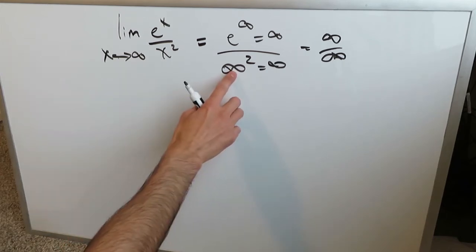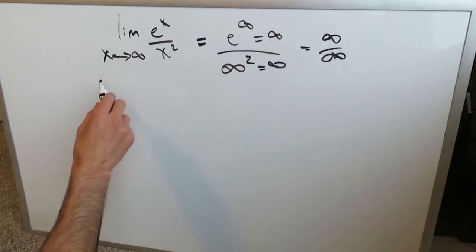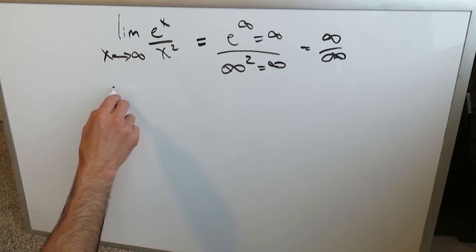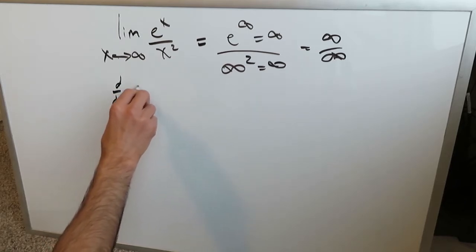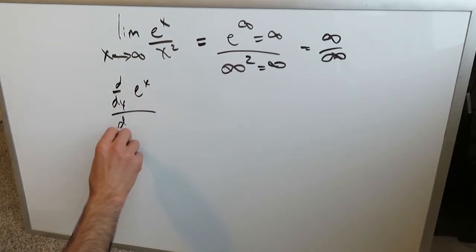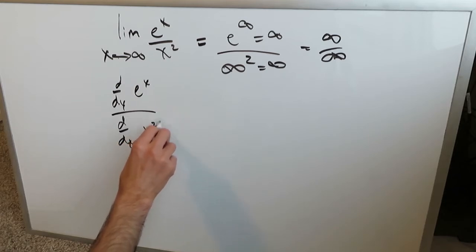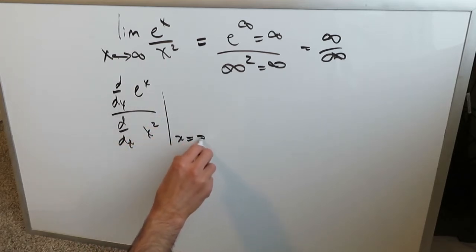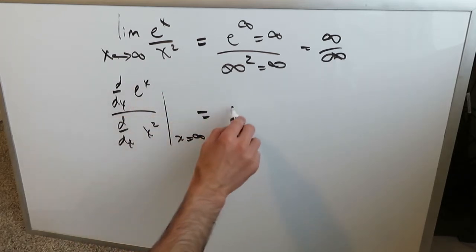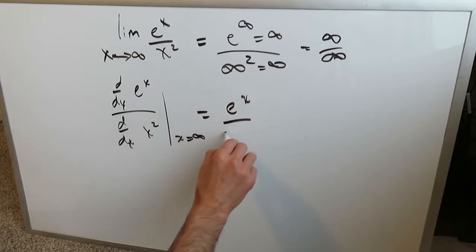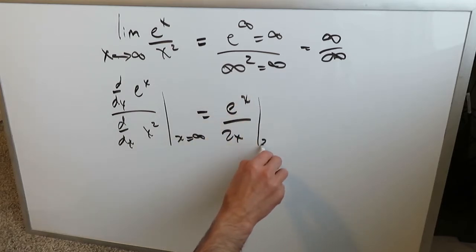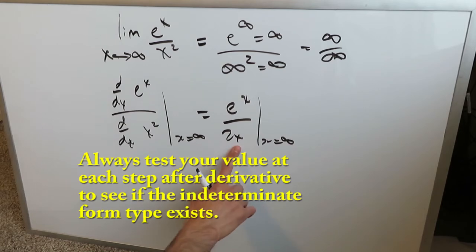And then you are forced to use the derivative rule over here. Based on this rule that we've been talking about, you do the derivative of the numerator and you do the derivative of the denominator, and then you can put this value in and see how it would play out. If you did the derivative, you get e to the x, and here you get 2x. But you see here, you're still ending up with an issue where the variable is not consumed. You could do another round of derivatives if you wanted.